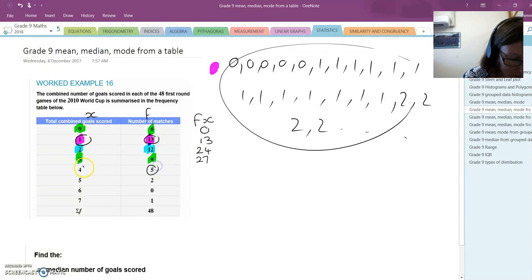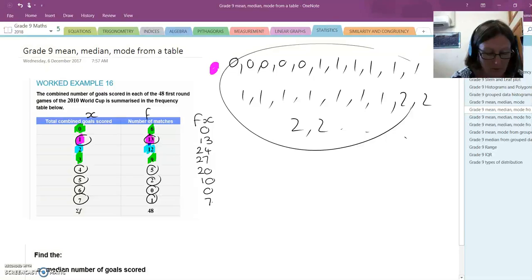Then we have 5 times 4, 2 times 5, 0 times 6, and 1 times 7. That's my FX column. I total that column up, so my sum of FX, I get 101.